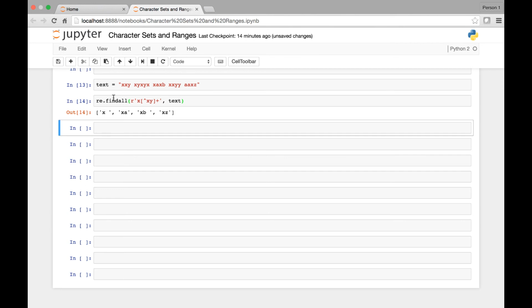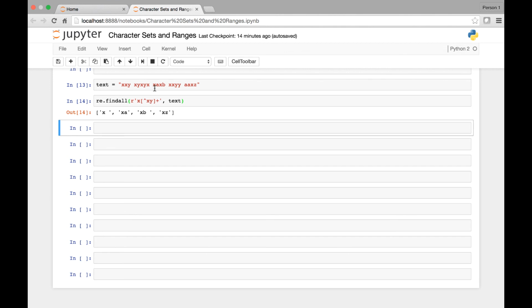So I have the first match here, X, and then it excludes these two since they are X or Y. It will exclude that, and there's a space here, so that's one match. So we got X and space. Then we have another X here, right? Since it's followed by X or Y, it will exclude all of that.